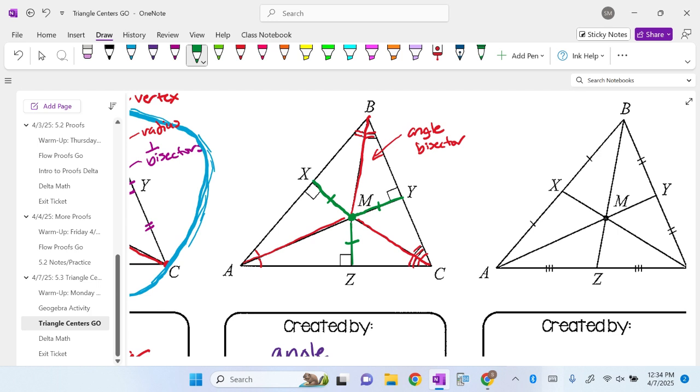Now, it's also the center of the inscribed circle. And again, this is a terrible circle, but I tried.